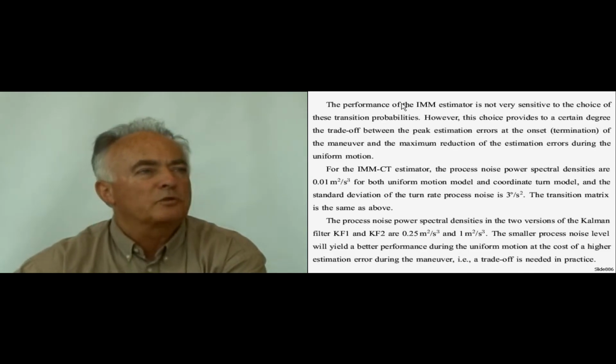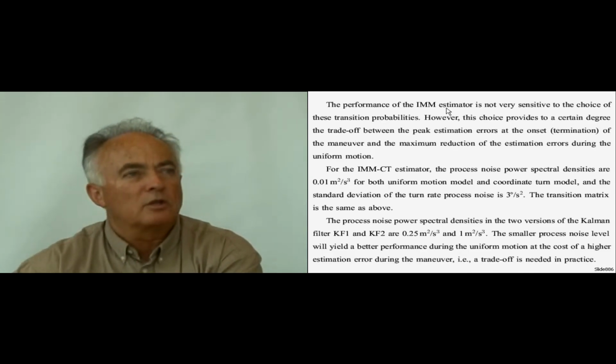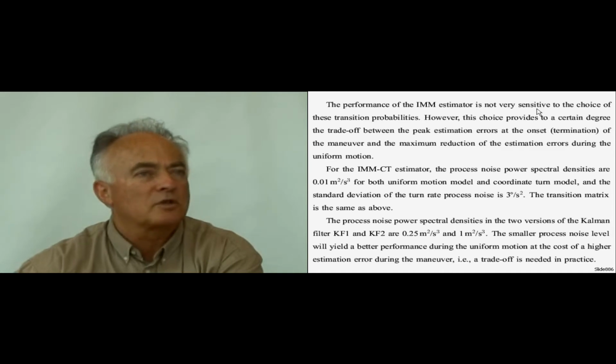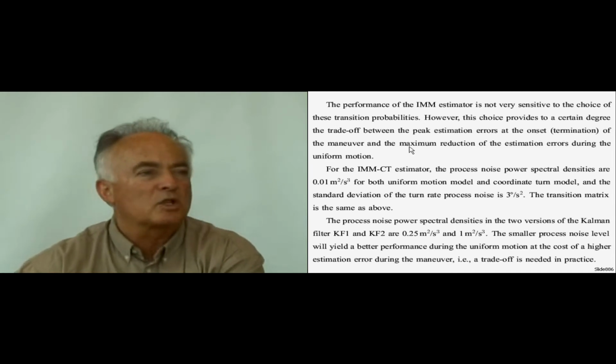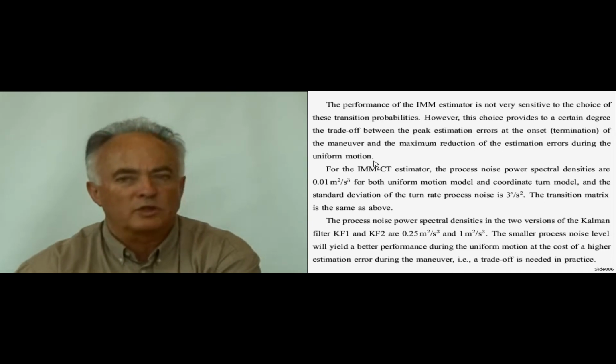Now, the performance of the IMM estimator, as indicated earlier, is not very sensitive to the choice of the transition probabilities, but it still provides, to a certain degree, a trade-off between the peak errors at the onset or termination of a maneuver and the maximum reduction of the estimation errors during the uniform motion. That's what we want, to be adaptive.